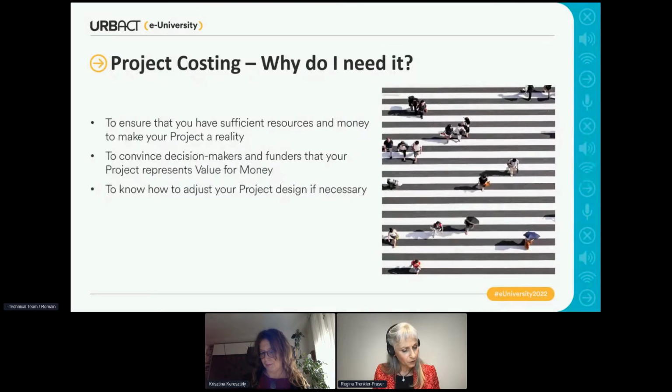And the third point would be to be, of course, more efficient. Creating a project costing, a project budget, requires a bit of time and thinking it through your project design, and you are able to come to an estimate of the costs. That creates a space for you to reflect on the project design itself.